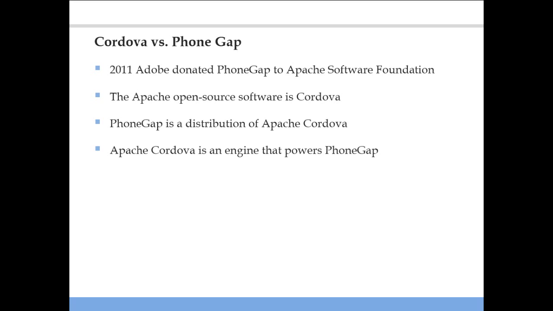So the Apache open source software is called Cordova. And PhoneGap is basically the distribution of Apache Cordova. Behind the scenes, whether you are using App Builder or PhoneGap, the engine that powers these different frameworks is Cordova.